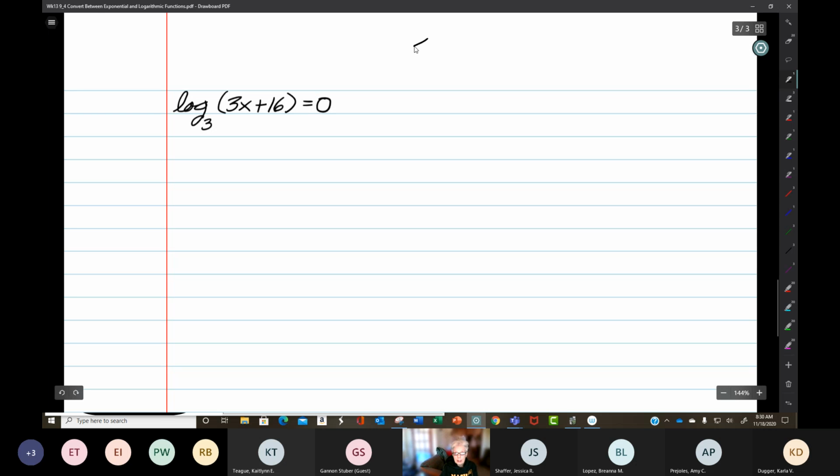Let's have a reminder: less than 0 means below the x-axis.